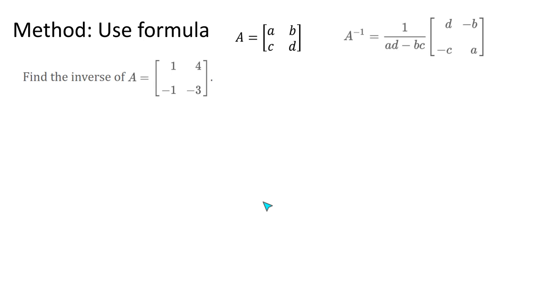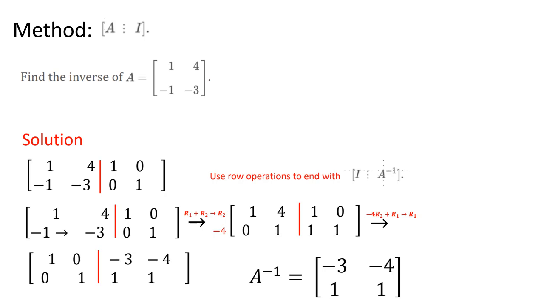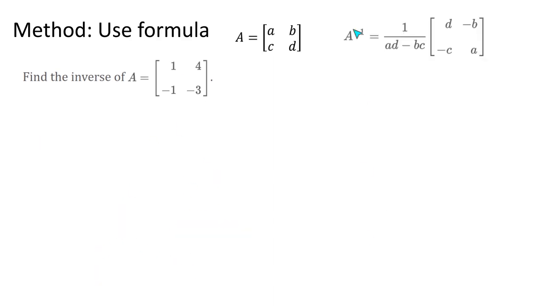Okay, so the formula. The formula only works if you have a 2 by 2. If you have anything bigger than 2 by 2, then you would have to use this process here. Okay. The way it works is if they give you a matrix A, B, C, D, then to find the inverse, we can take 1 divided by AD minus BC, and then in the matrix, we're going to switch the A and the D, and then switch the signs for B and C. Okay.